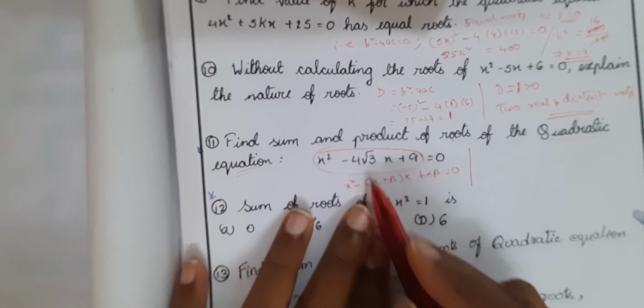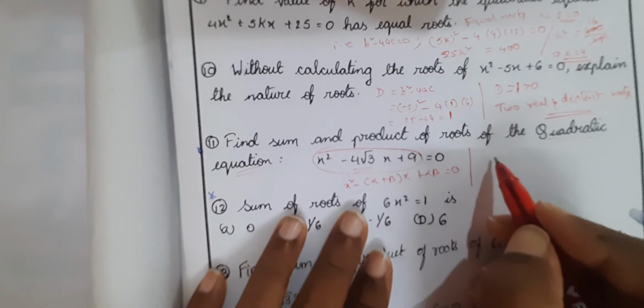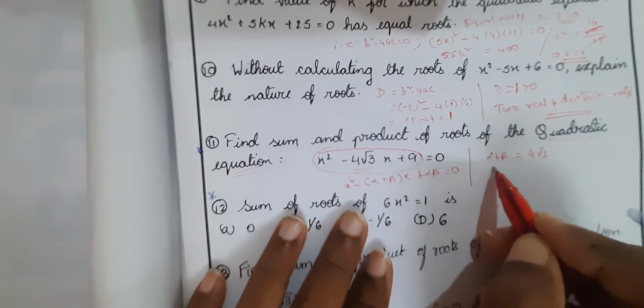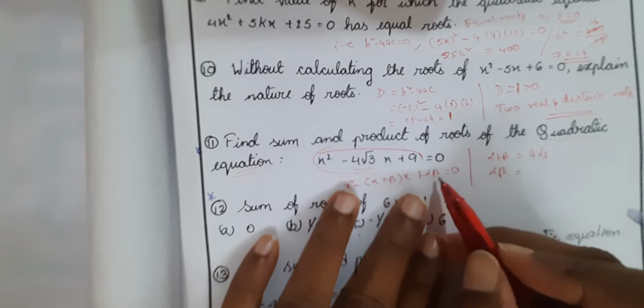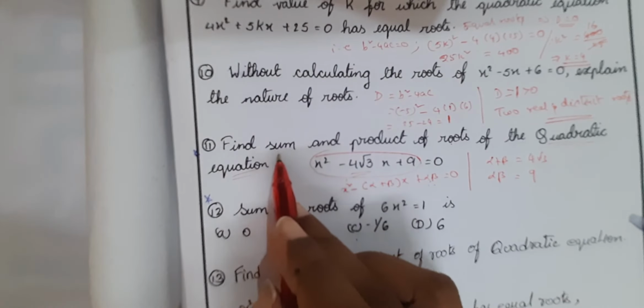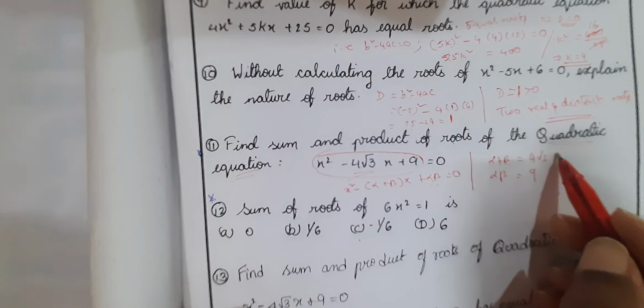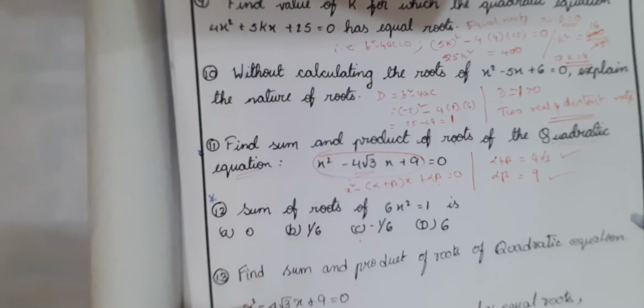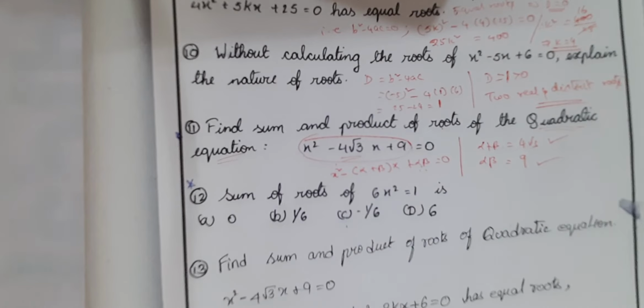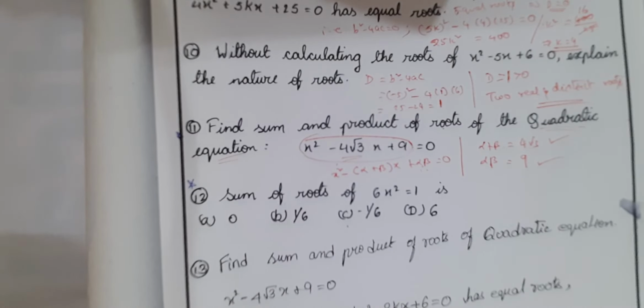So therefore now making a comparison, alpha plus beta is equal to 4 root 3 and alpha into beta is equal to 9. So what is he asking? Sum and product of the roots. So we got the sum as well as the product of the roots. Alpha plus beta is equal to 4 root 3. Alpha into beta is equal to 9. So sum of the roots is 4 root 3 and product of the roots is 9. Clear?